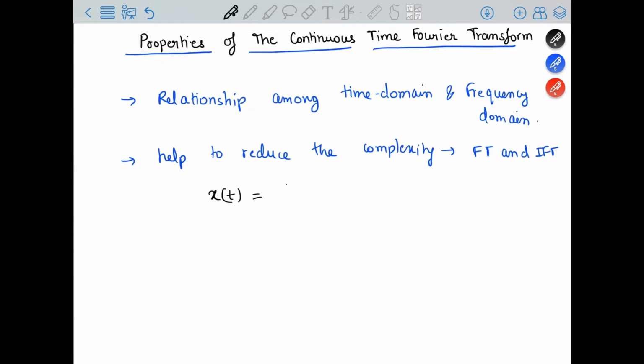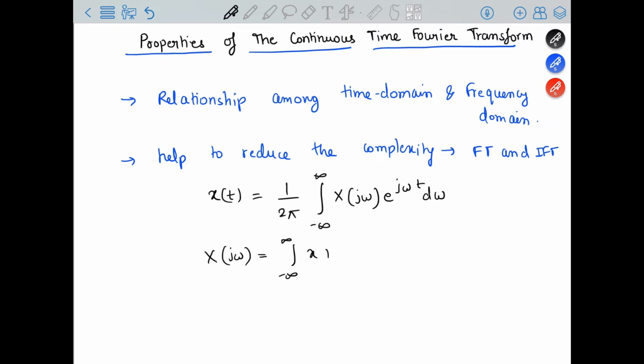A signal x(t) can be represented as 1 over 2 pi, integral from minus infinity to infinity of X of j omega e raised to the power j omega t d omega, and X of j omega is represented as the integral from minus infinity to infinity of x(t) e raised to the power minus j omega t dt. So this is the inverse Fourier transform equation, and this is the Fourier transform equation, and together they are called the Fourier transform pair.